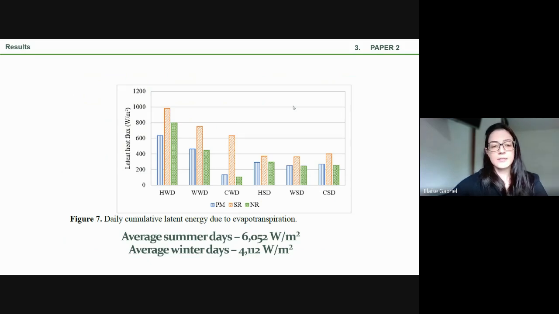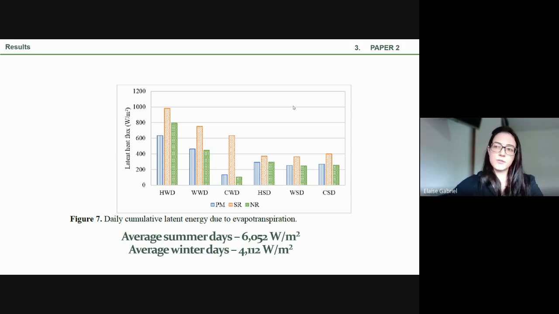So the latent heat depends mostly on the net radiation. And the net radiation depends mostly on the shortwave radiation. So the shortwave radiation heat flux takes into account the total solar radiation incident on the surface and the transmissivity, that depends on the typical day that we are considering, and the absorption factor of the wall.